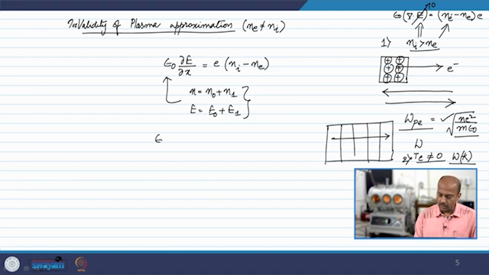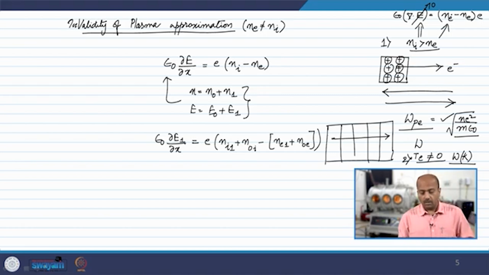We get epsilon naught dE1/dx equals e times (n_i1 plus n0i minus n_e1 minus n0e). This is also supposed to be d/dx of (E1 plus E0). Because E0 is a constant, we have removed that term.